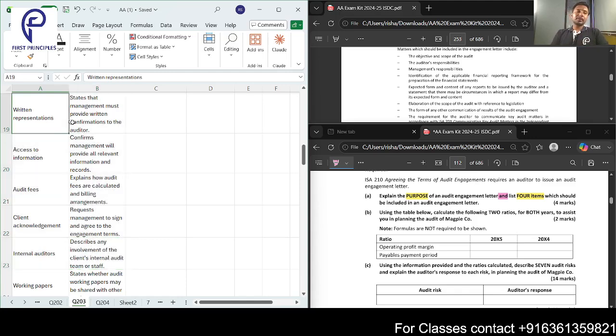Okay, so let's go through the first three things here, Tia. Let's go through this thing. First three. Yes. Yes. Hmm. And the entire arrangement about the audit fees will be written.